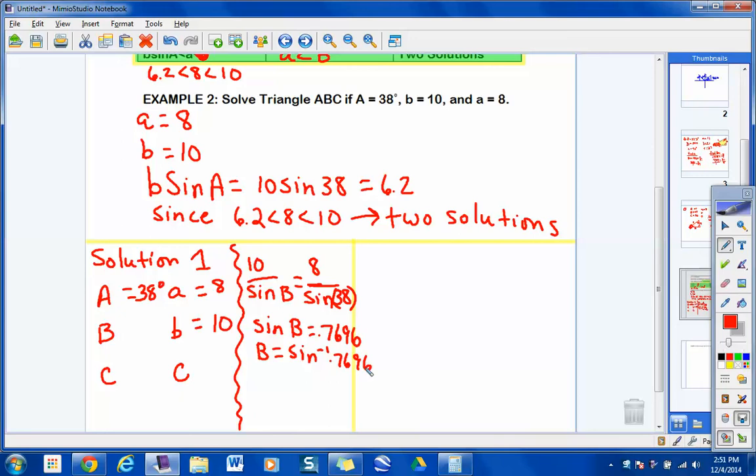And you said 50 point what? 50.32. Okay, 50.32 degrees. Awesome. Put a star by angle B because this is going to be really important. 50.32 degrees, right, guys?